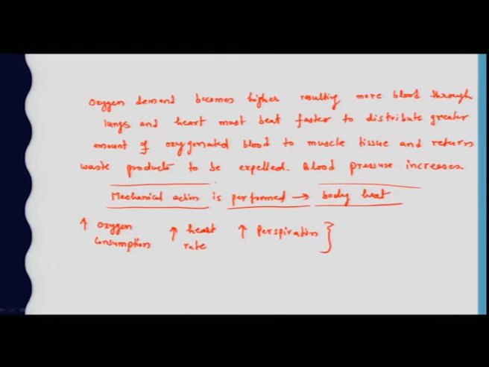These are the three principal reactions of the human body when we increase physical efforts or physical activities. The first reaction is oxygen consumption: more and more oxygen will be consumed if we increase the physical efforts. Second, heart rate will increase, and third is perspiration as a waste product.